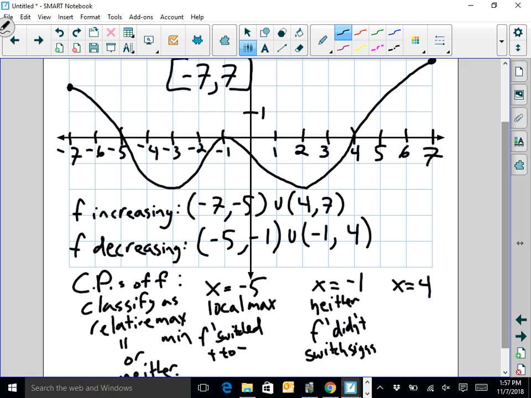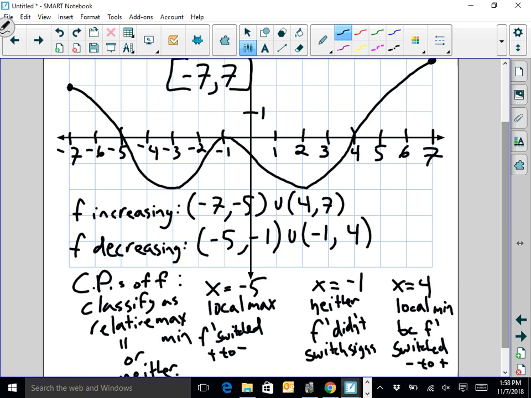We know that means that we have a local min. Again, because f prime switched minus to plus.